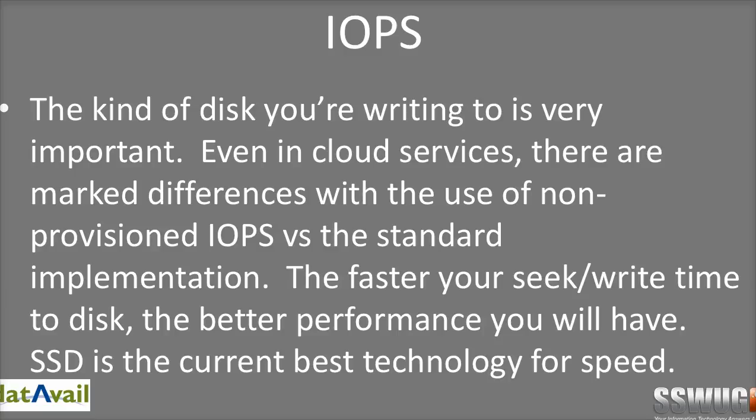So for example, if we did a test even using RDS, the difference between using provisioned IOPS and using the standard configuration for the same size of instance is very marked. It's at least a 25% improvement in performance, even for really thrashy things. The difference between SSD and a regular disk for a regular server is also marked.